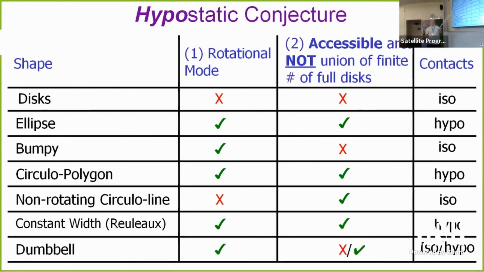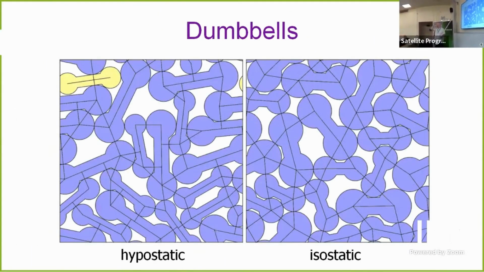Now we can ask, what is this last word in here? Accessible. Now we have to think about it a little bit more carefully. What is accessible area? It's the accessible area that matters. To think about this, we've made this other shape, the dumbbell shape. The dumbbell shape is a lot like the circular line, except the line part is thinner.